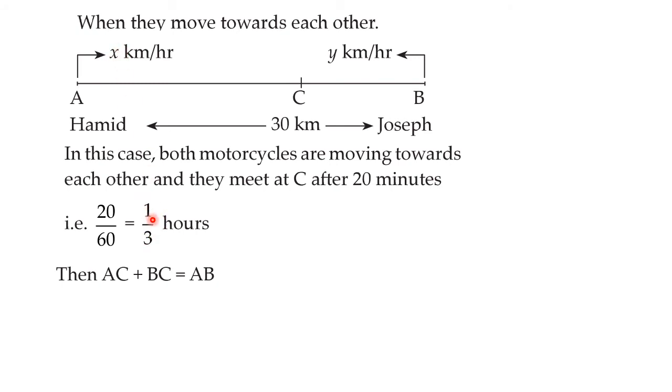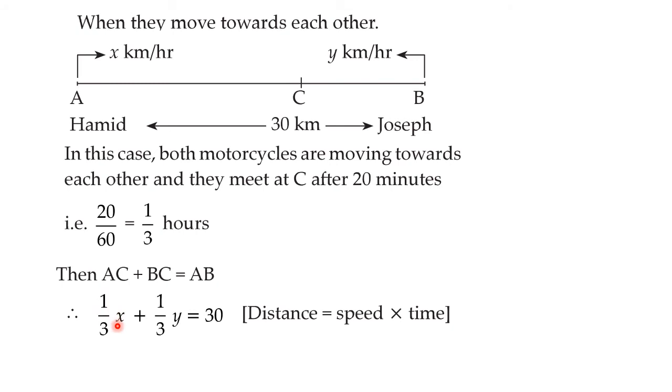So speed into time: 1 upon 3 x, plus 1 upon 3 y, and then equal to 30. We have used the formula distance is equal to speed into time. So see, 1 upon 3 hours is the time and x, y are the speeds respectively.